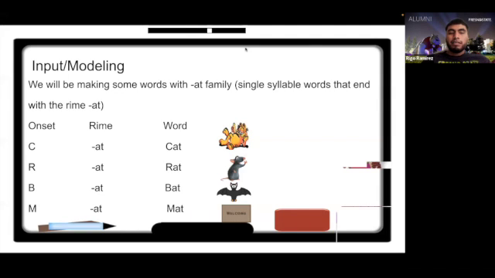And then we changed the onset B to M to make the word mat. Do you guys notice a pattern, that for all the words we kept the same rhyme at, because it's the at family we are working with? We are going to move on to our next activity.